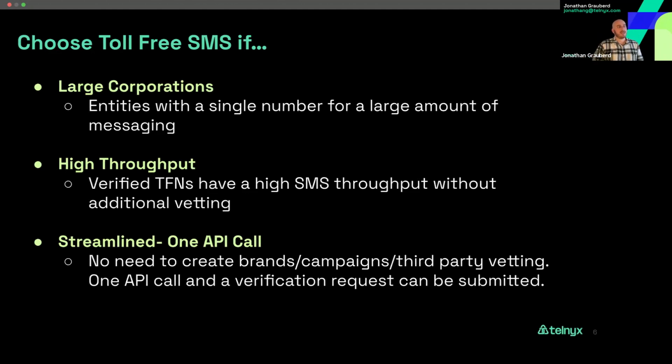I think that only the highest rated 10DLC campaigns can hit the same throughput as a toll-free number. So it can save you a lot if you just need one number that can send a lot and you don't want to go through the whole process of external brand vetting for 10DLC where the scores might not be what you're looking for. Toll-free throughput is just kind of universal.